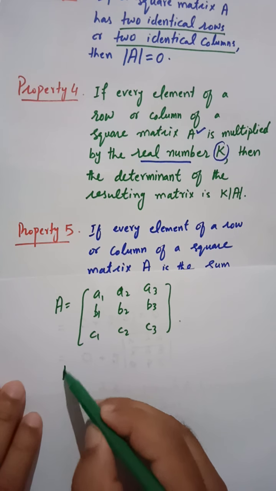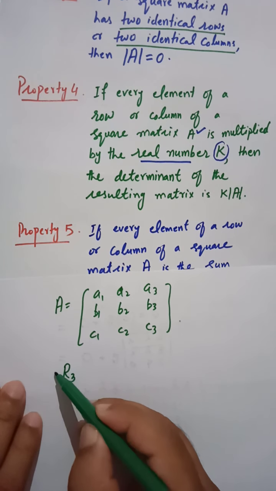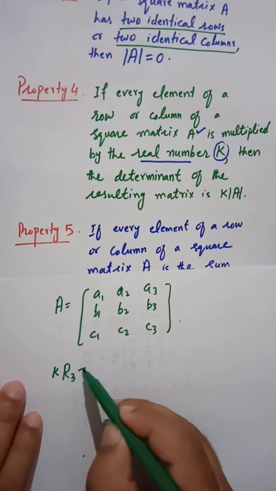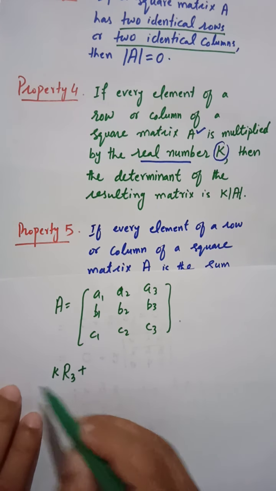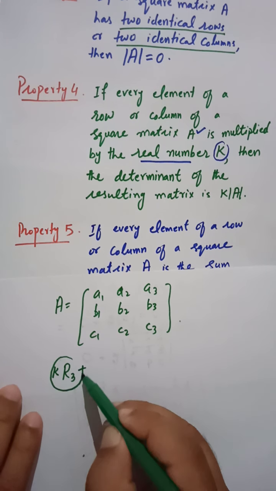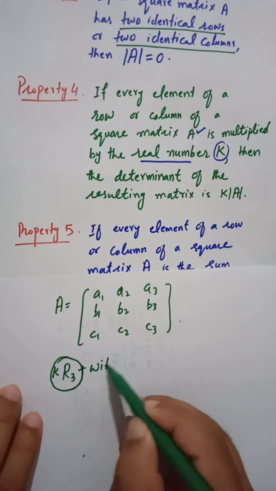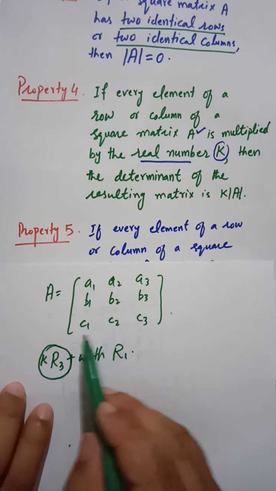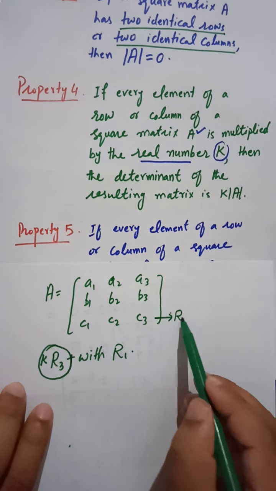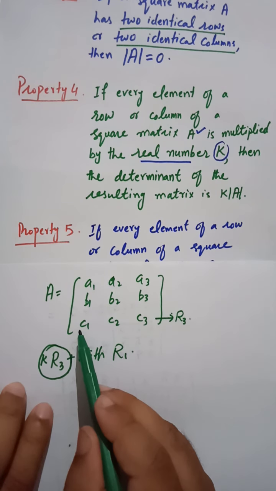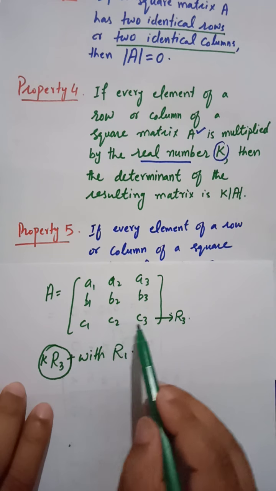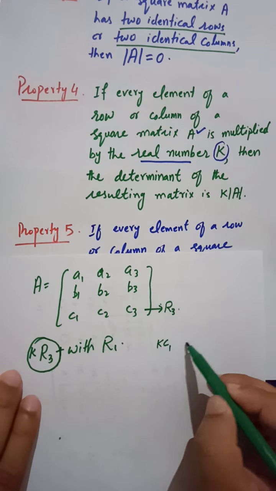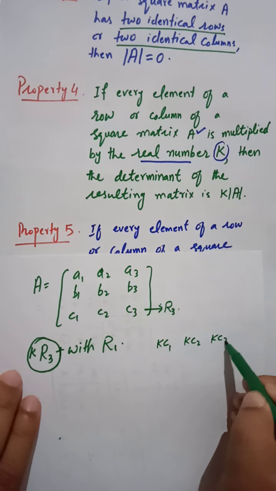I am multiplying R3 by scalar number k and adding this k times R3 with R1. So when k is multiplied with R3, row 3 will be kC1, kC2, kC3.